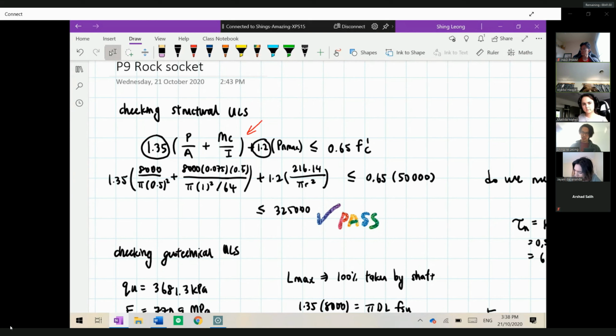Is this one right or wrong? Pi d to the 4 by 64, from my memory, is I for a circular section. But it shouldn't matter because D is 1 anyway. Yeah, it doesn't matter here, but if you write the wrong equation, that matters. If it is 0.9, 0.8, it matters.